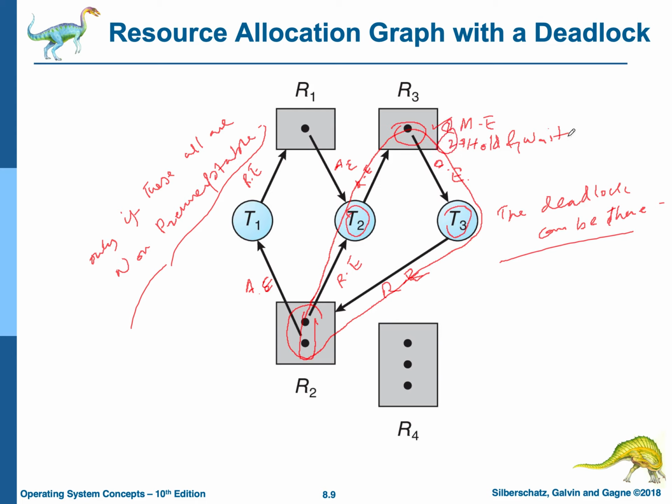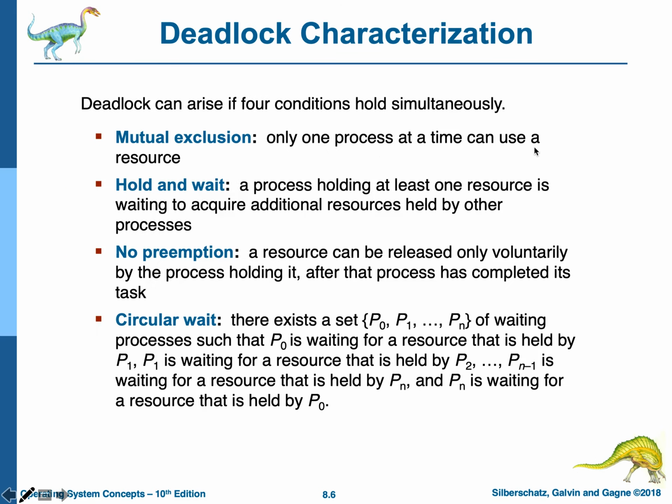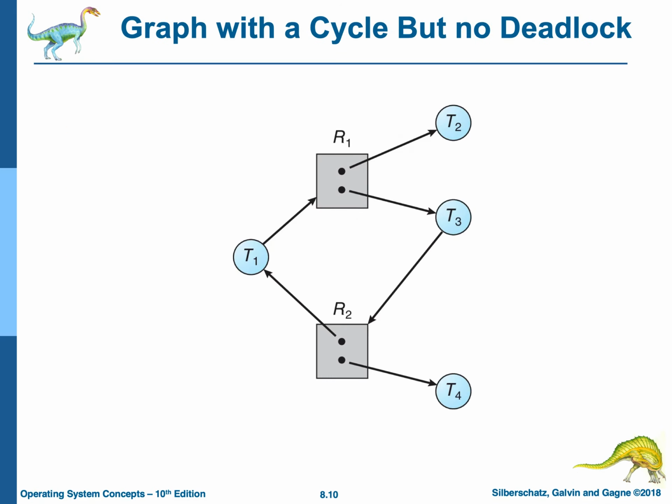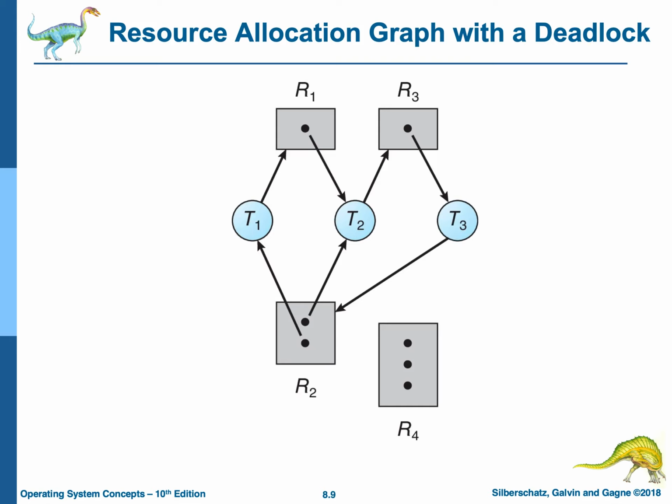Number two, hold and wait is also there. Number three, what was the number three? Number three is no preemption, and number four is circular wait. So all four conditions are met here, so we can say that this condition has the possibility of occurrence of deadlock.